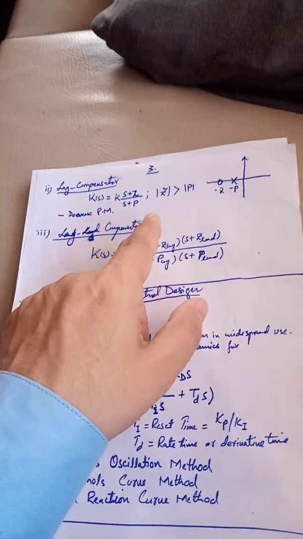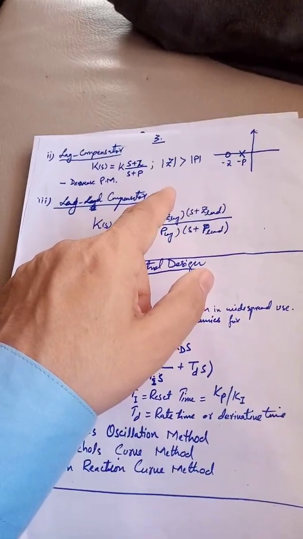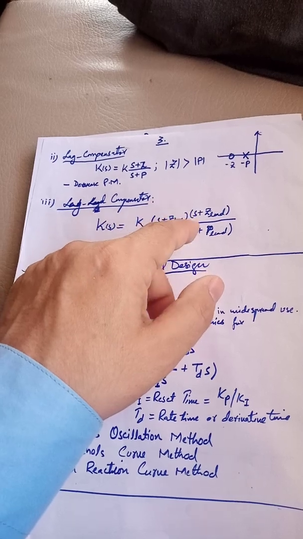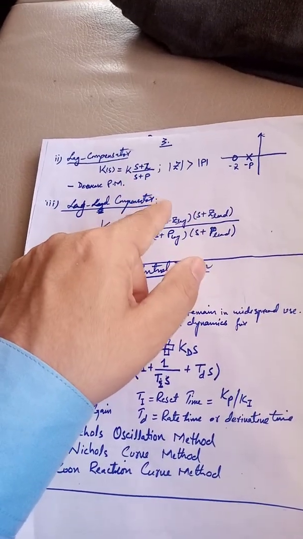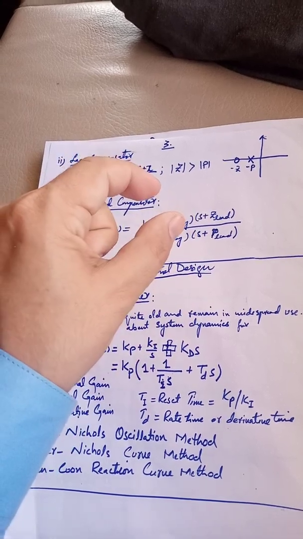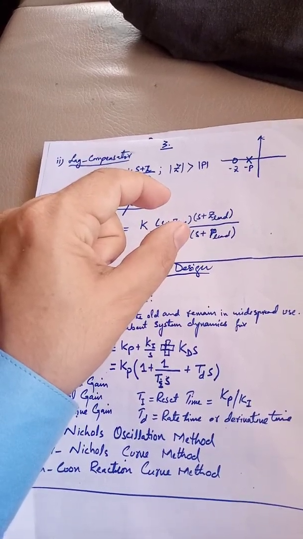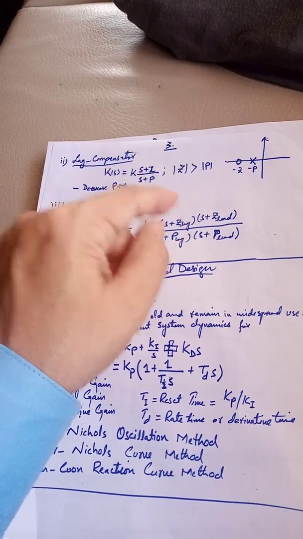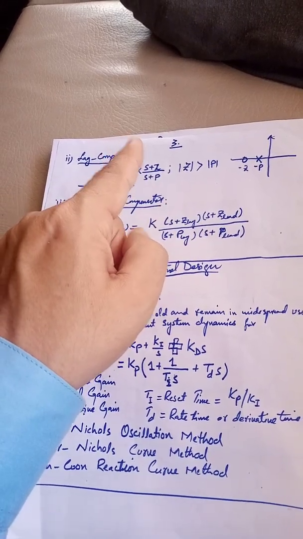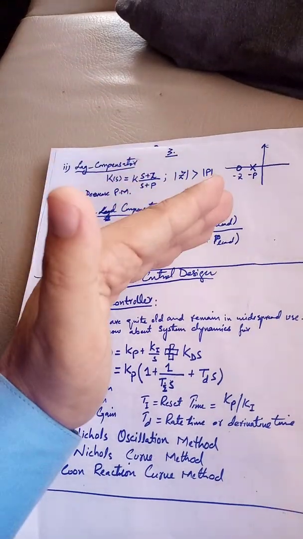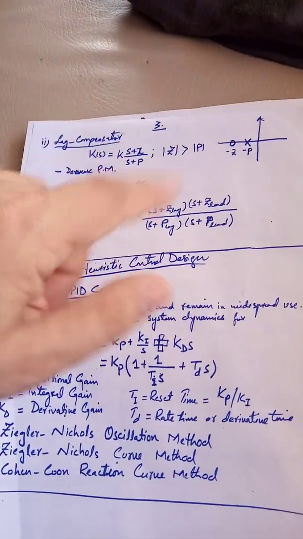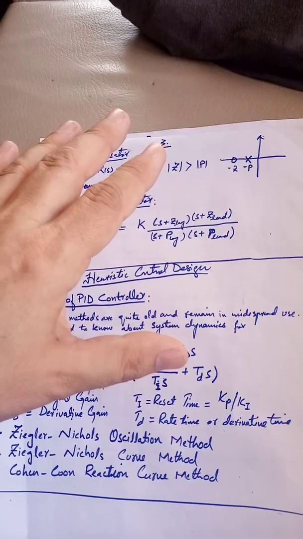I told you why we need it: if you remember, the root locus depends upon the 180 degree angle condition. If your angle is more than 180 degrees and we want to reach that point, and it is not following the angle condition, the root locus will not pass through that point. So in that case we use a lag compensator that reduces the angle so that we can reach that particular part of the s-plane.